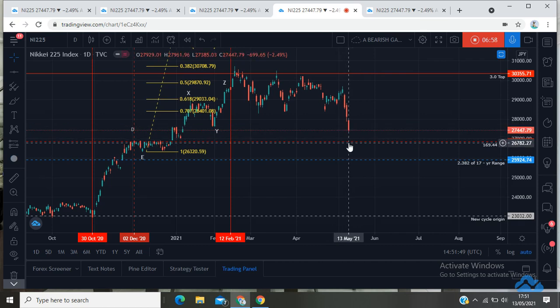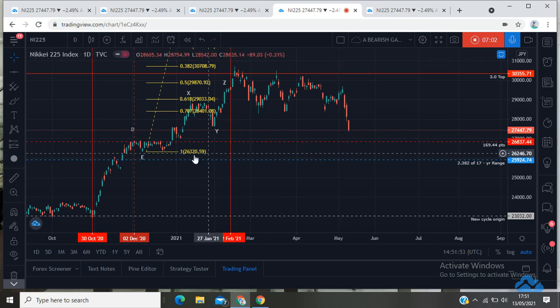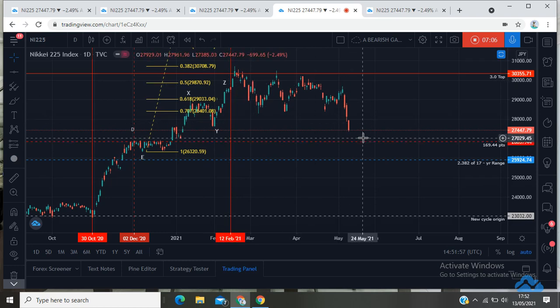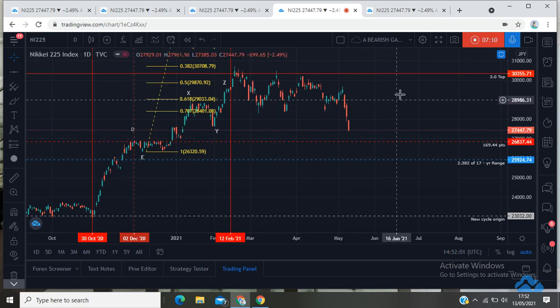This level here should hold. If this level will not hold, then we expect that price will come back to point E and make a double bottom before price will start the advance up.